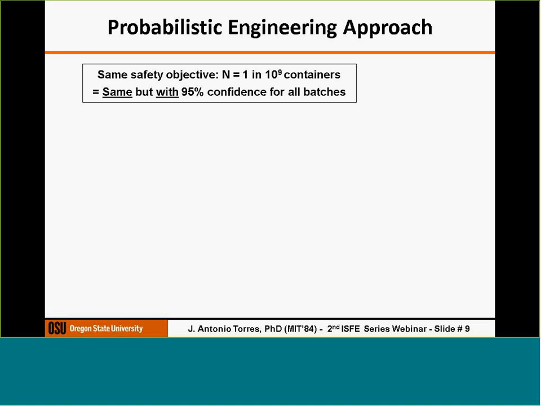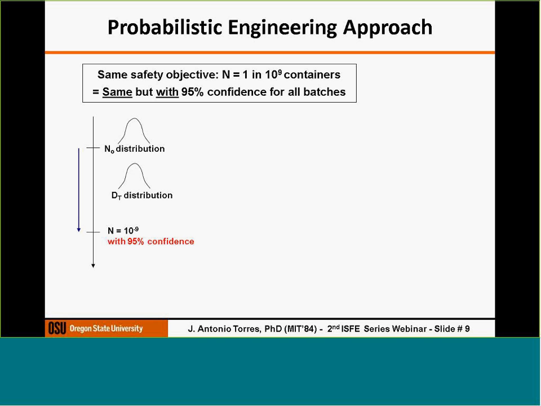However, keeping the same objective, now we want to add a restriction that the objective must be met with 95% confidence for all production batches. Okay, this is how regulatory agencies worldwide are beginning to work.